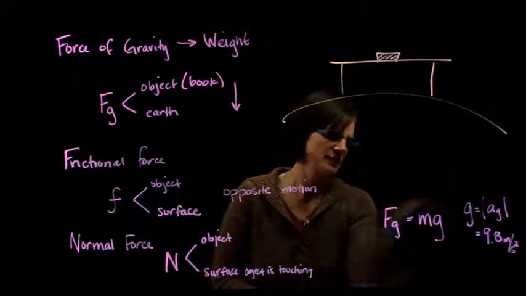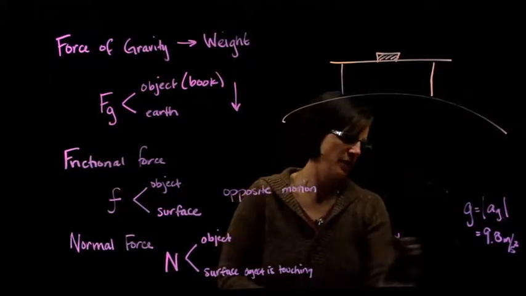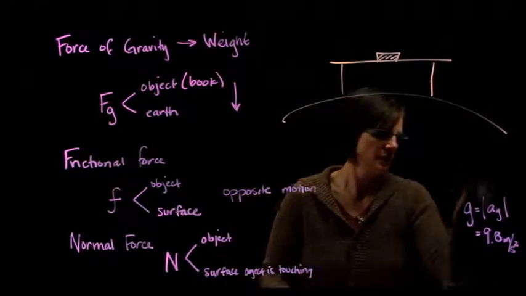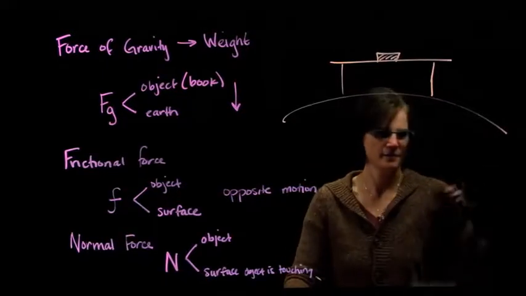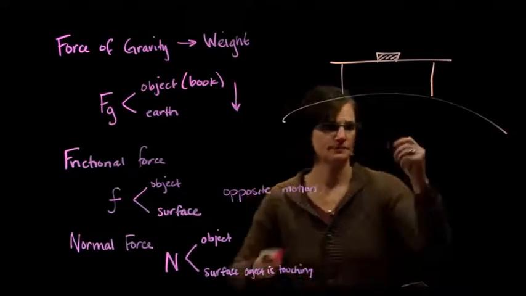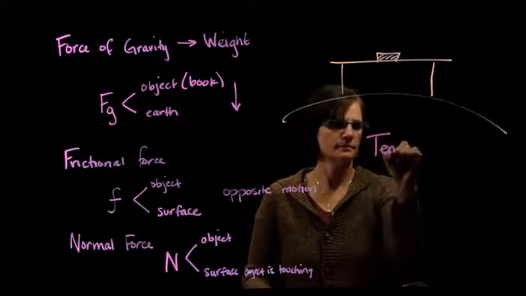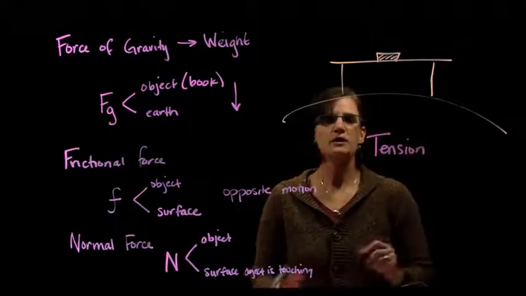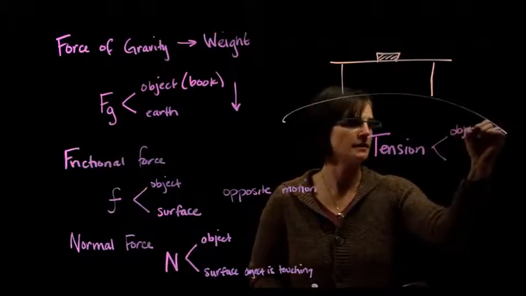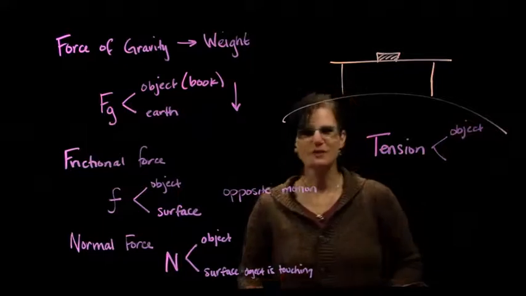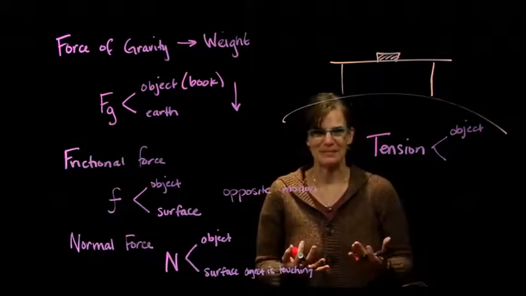Another force that we want to talk about or be attentive to is what we're going to call a tension. In general, a tension is going to be between an object and one of a number of different things that are essentially massless.